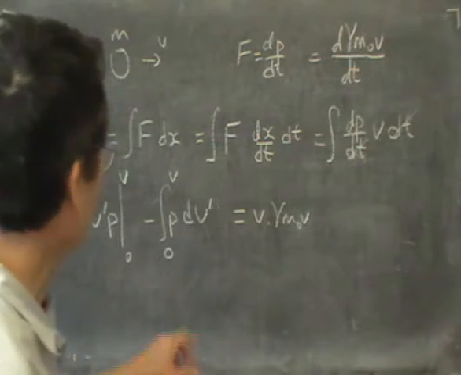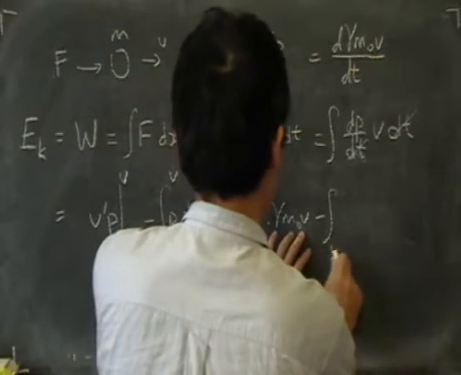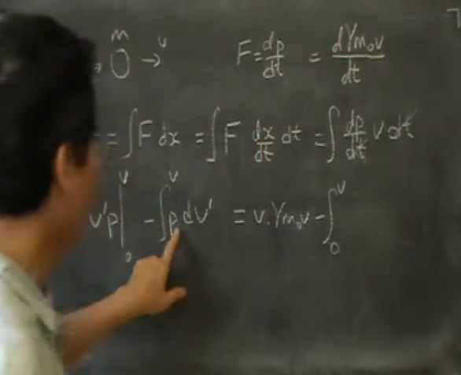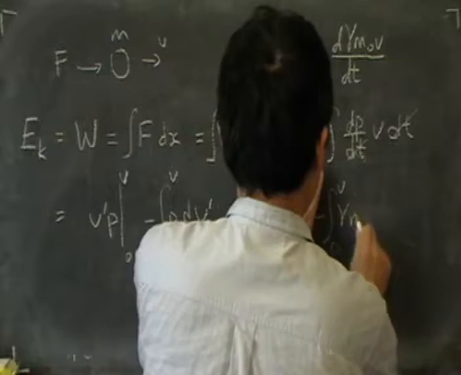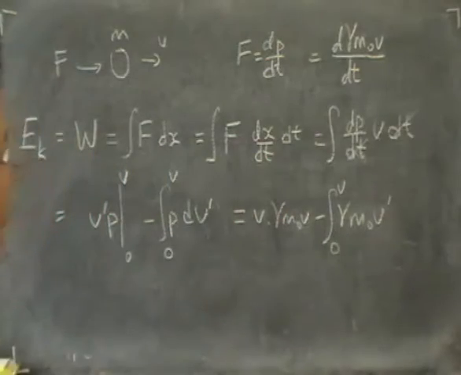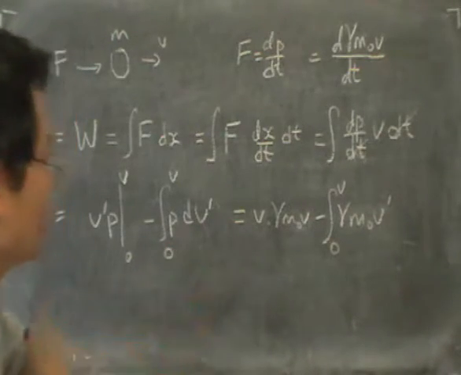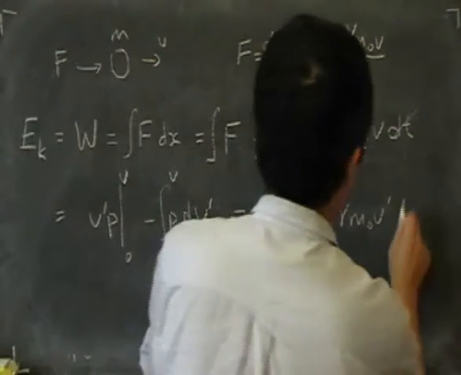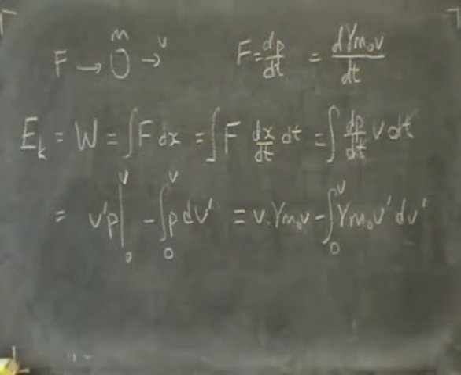And likewise, for the integral, the p there would be gamma m0 v. But it will be v prime, because I'm using v prime as the variable in the integral, dv prime. So here's what we have.